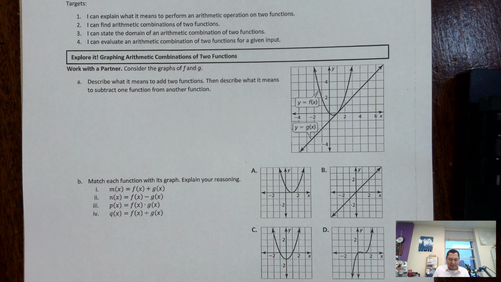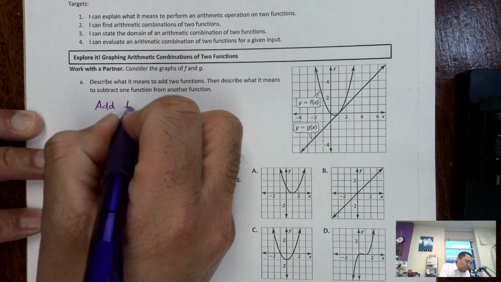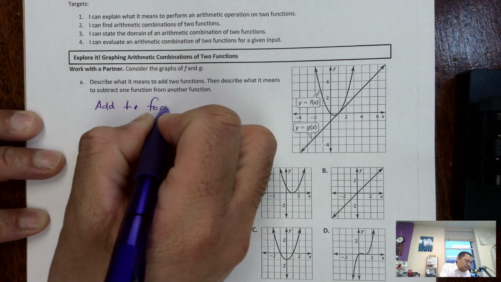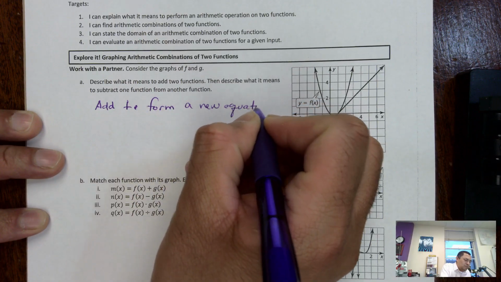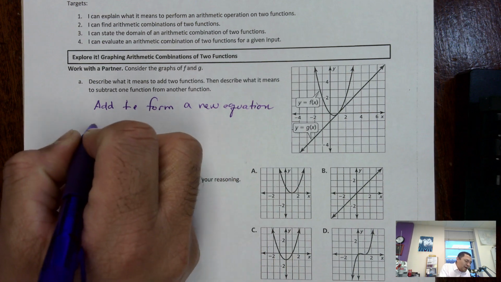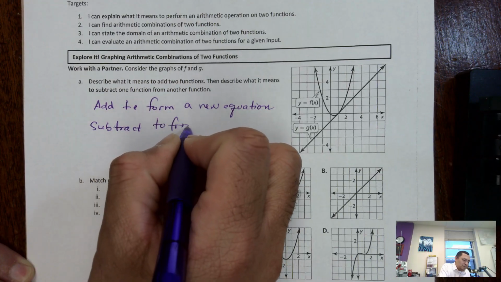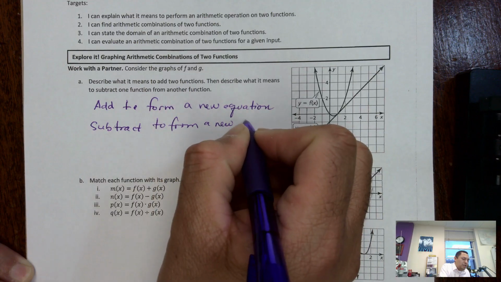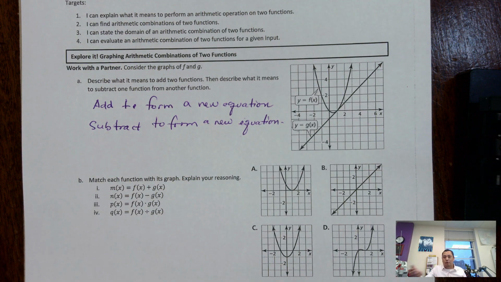This seems to be something complicated, but basically what it means to add two functions is to add to form a new equation, and to subtract is to form a new equation. That's adding and subtracting. You're going to form a new function or a new equation, and so on.